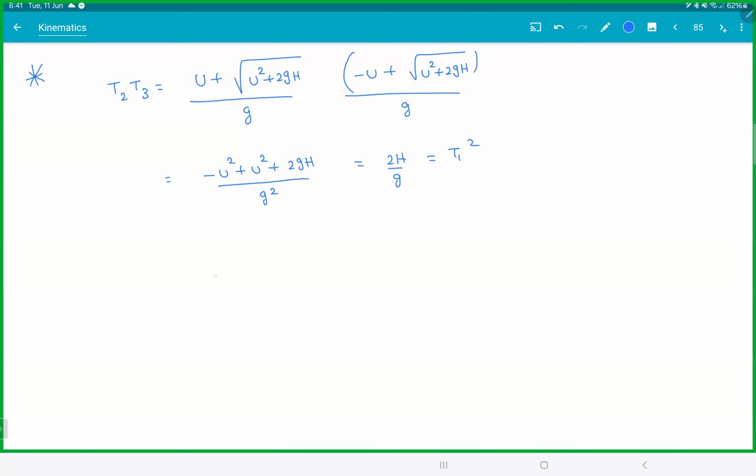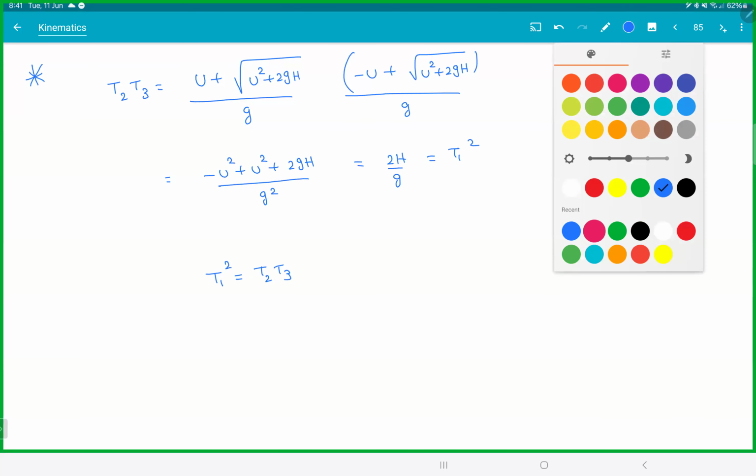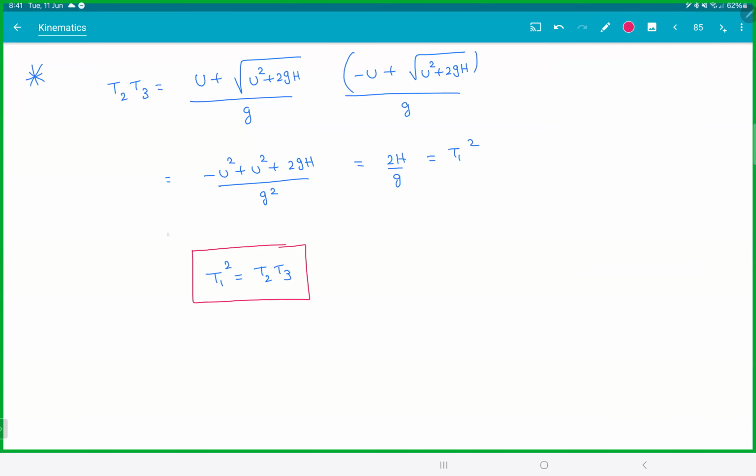So do mug up this result, quite a standard one. t1 square is t2 into t3. What is t1 here? This is the time when you release it from rest. So the time square when you release it from rest should be equal to the product of the other two times.